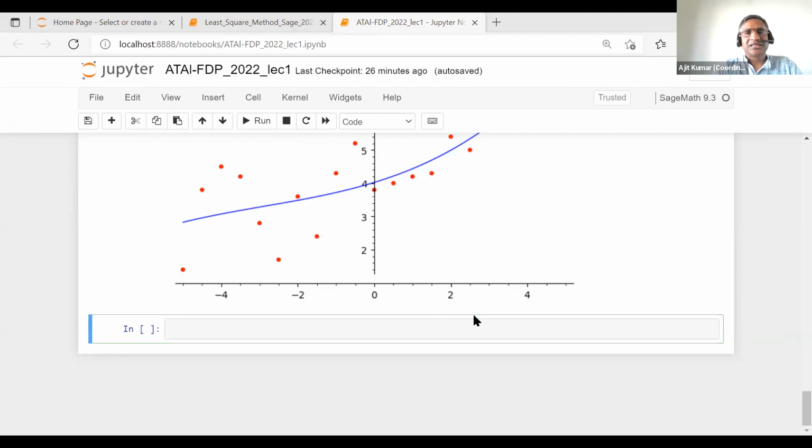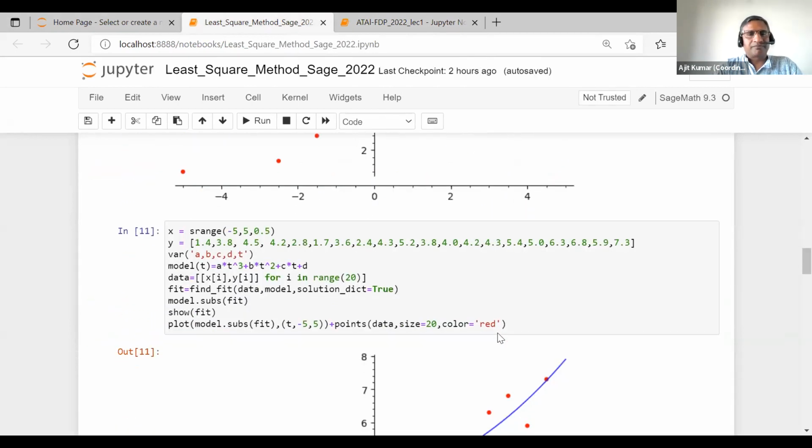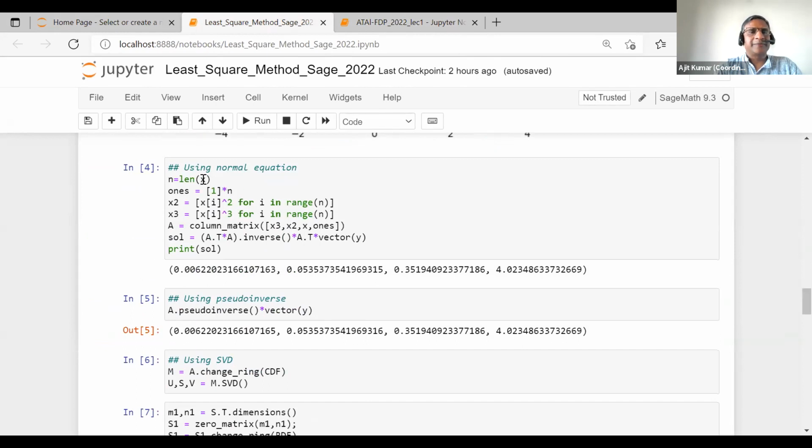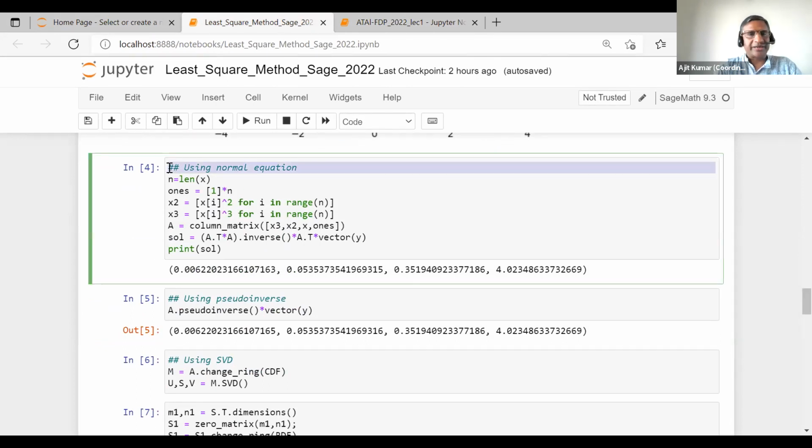Now let us look at how we can use the other thing that we have described. Let us use the normal method.